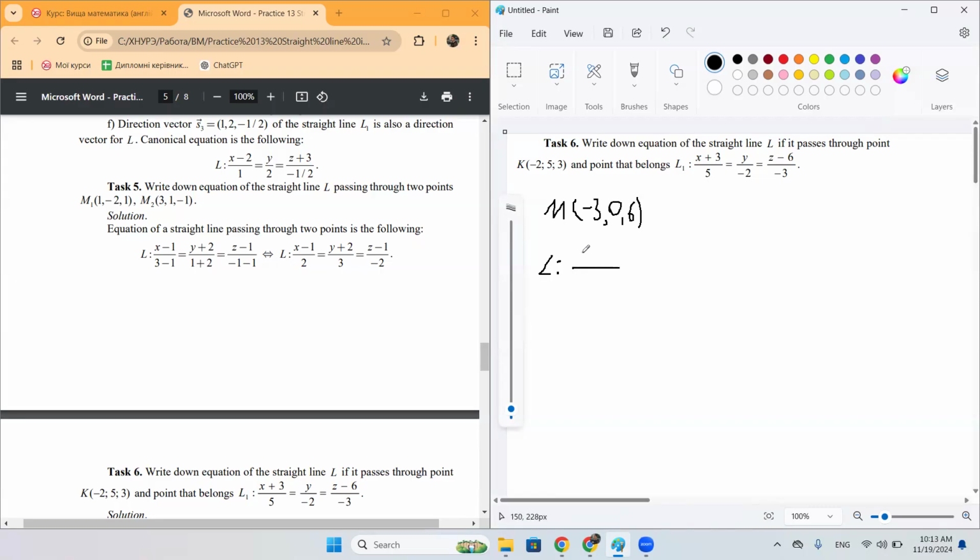So x plus 2 by minus 3 plus 2 equals y minus 5 by minus 5 equals z minus 3 by 6 minus 3.